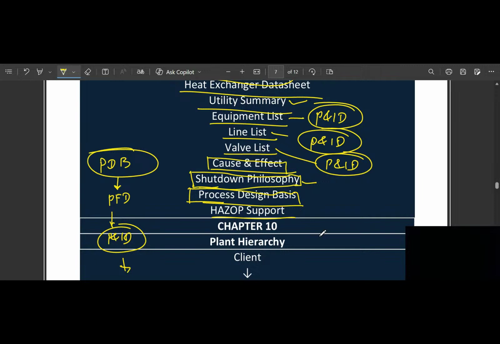Okay. So process design basis is the first document if you start working as a process design engineer. So the first document you will receive from your manager is process design basis.